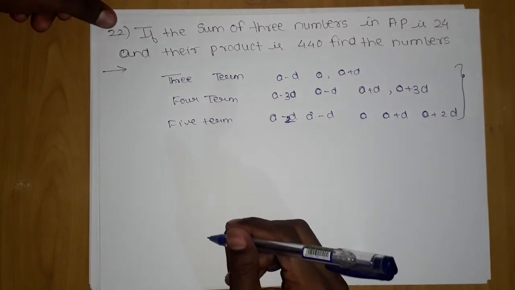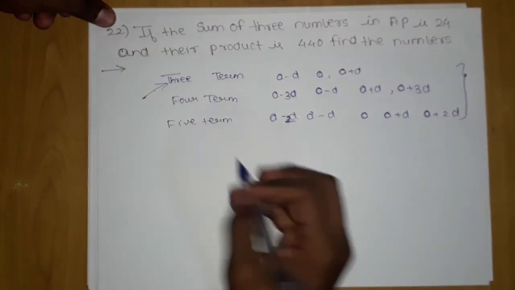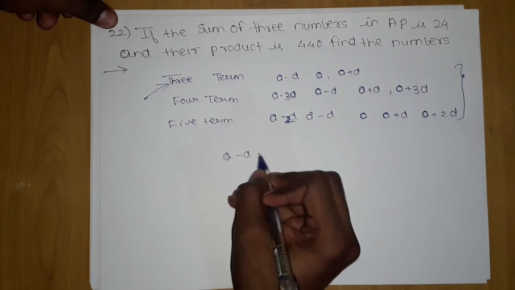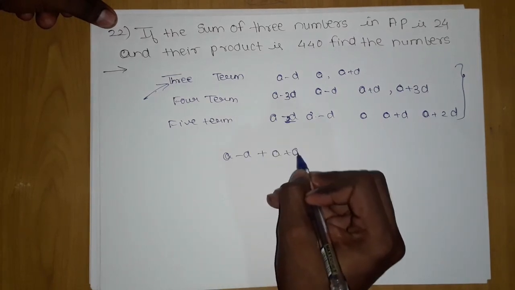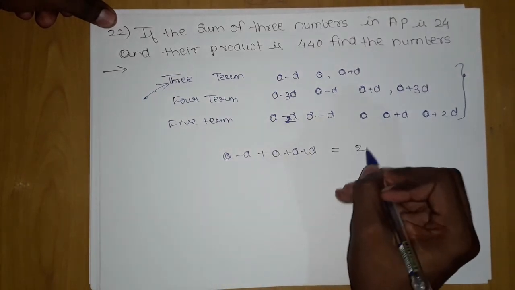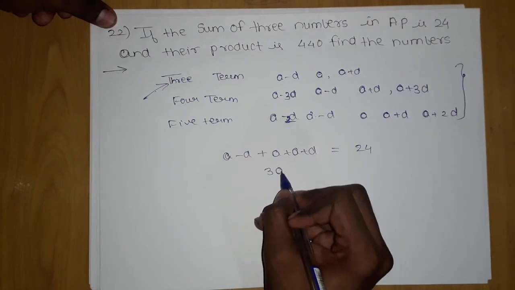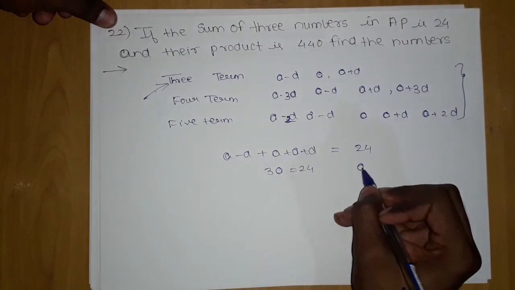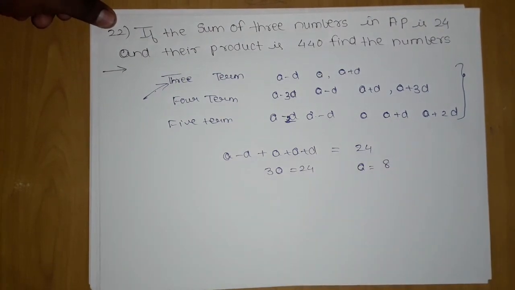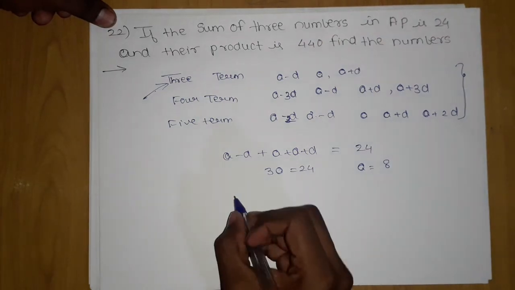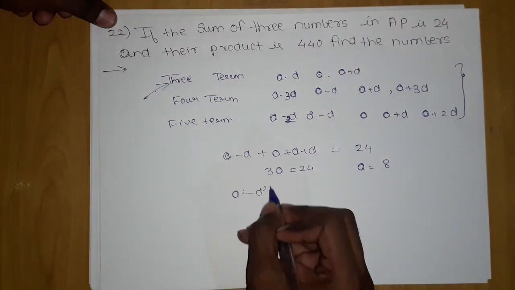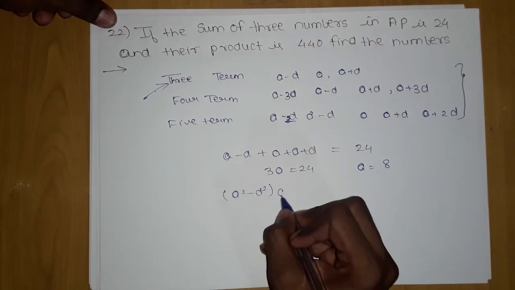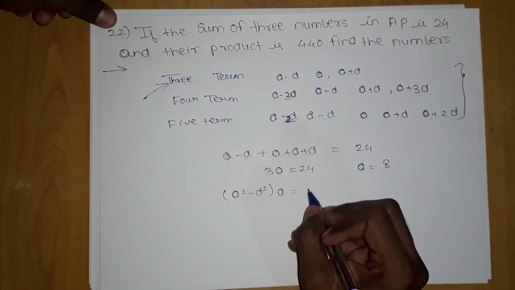So now let's take the condition of these 3 terms. The sum is a minus d plus a plus a plus d, which should be equal to 24, giving me 3a is equal to 24, so a is equal to 8. Now the product, here it will be a square minus d square, and then a, which will give me 440.